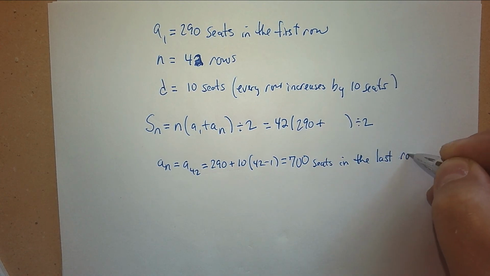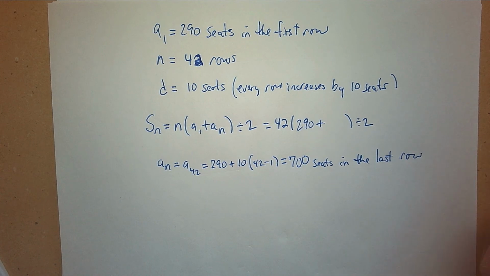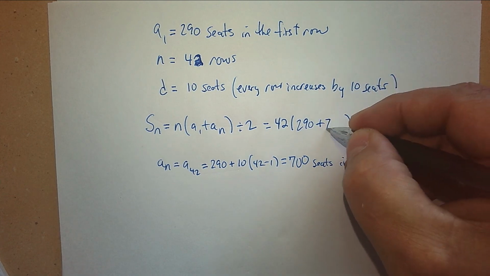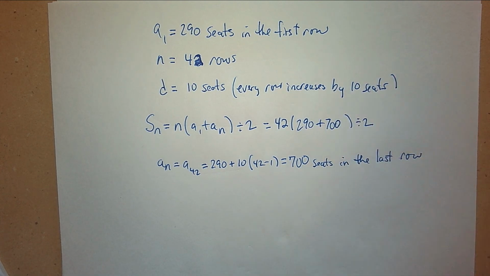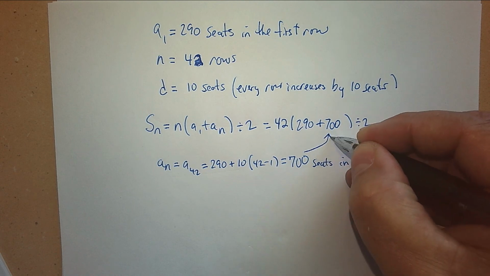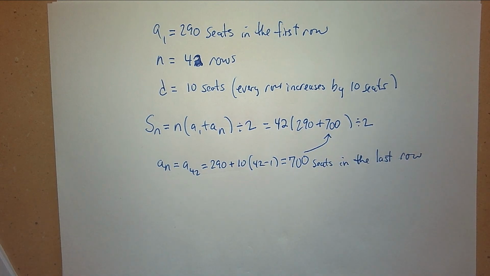No. So, 700 seats for me are in the last row. So when I come back up to this formula, what number will I put in for AN? That number goes there. Again, I'm going to use my calculator. This will tell me how many seats are in my whole arena. This answer must be between 18,000 and 22,500.